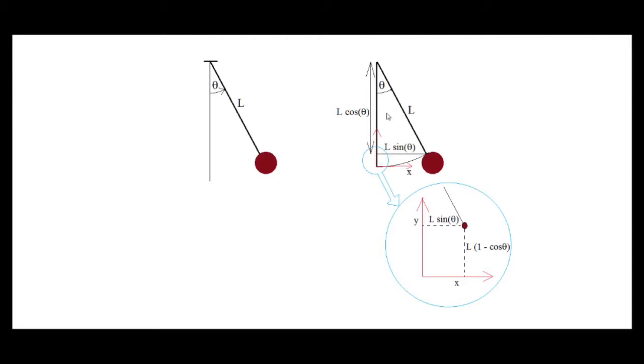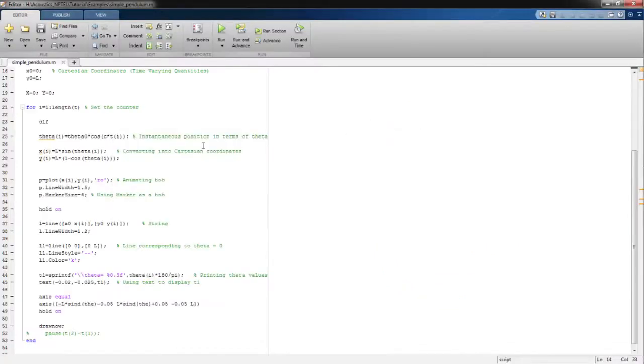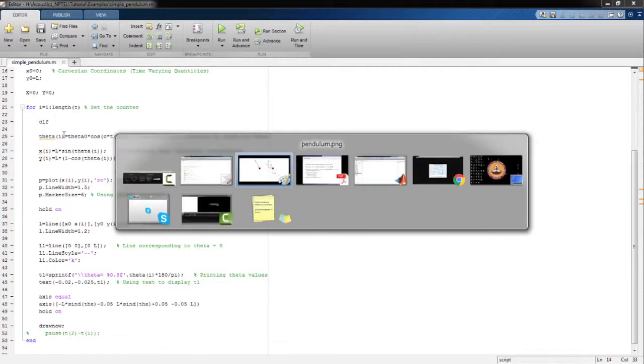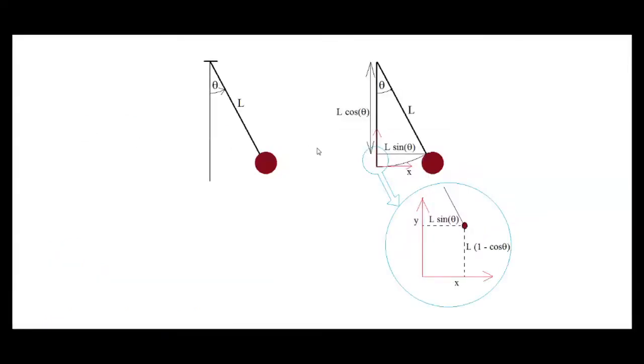So we need the x and y component of the displacement. But as you observed here, we are computing displacement in terms of theta. That is, I am calculating what this theta will be as a function of time, but I need y and x as functions of time.